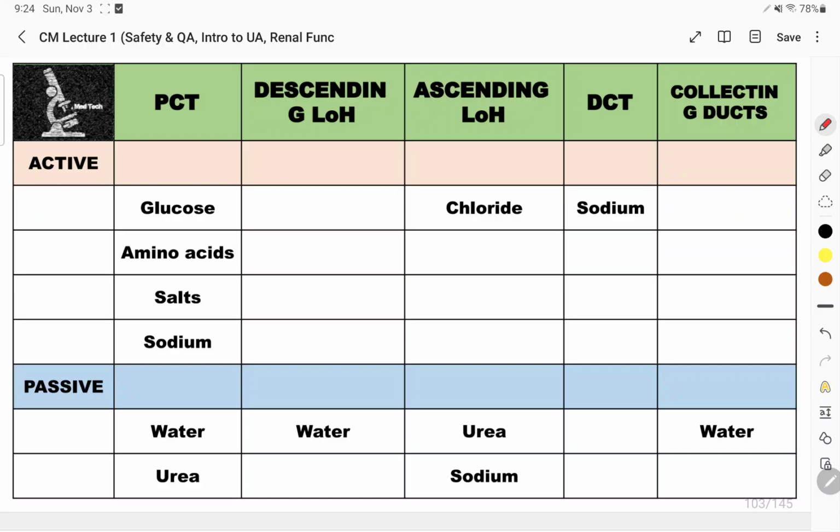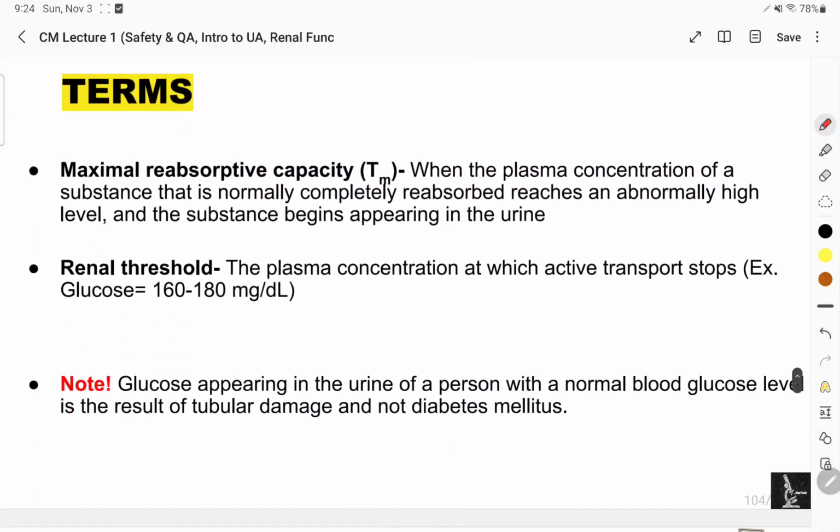Okay? Terms as we go through our tubular reabsorption. So first we have the maximal reabsorptive capacity. So this is when the plasma concentration of a substance that is normally completely reabsorbed reaches an abnormally high level and the substance begins appearing in the urine.